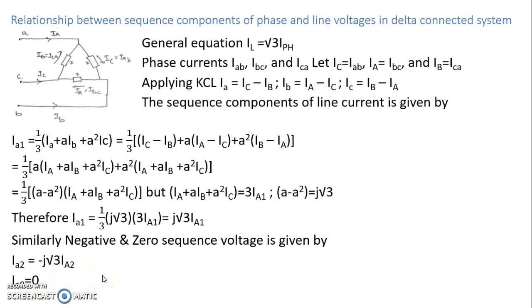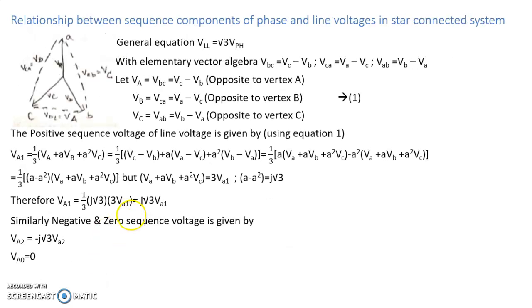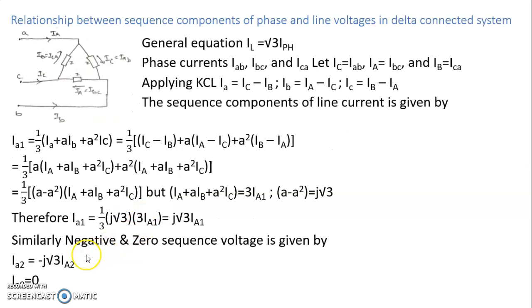These two derivations will not be asked in the examination, but the formulas, that is the line voltage in terms of the phase voltage, j root 3 times VA1, are important. Similarly, line current in terms of phase current is important. These two equations we use in the problems. Derivations are not of much importance. Next we will discuss the problems.